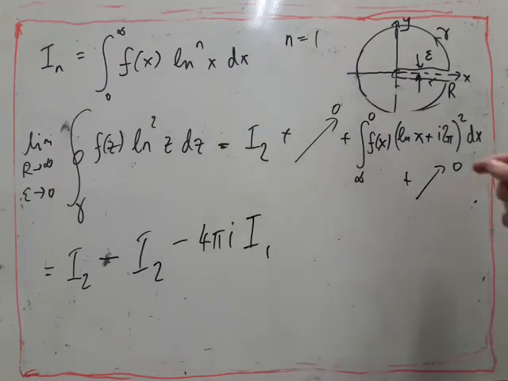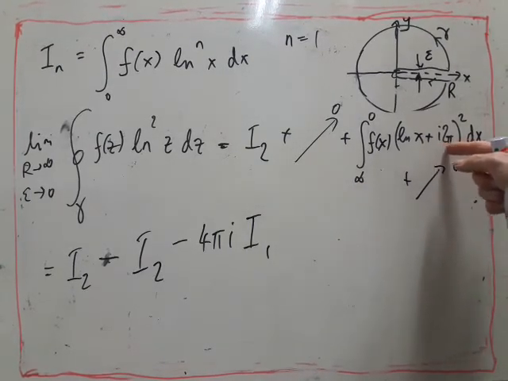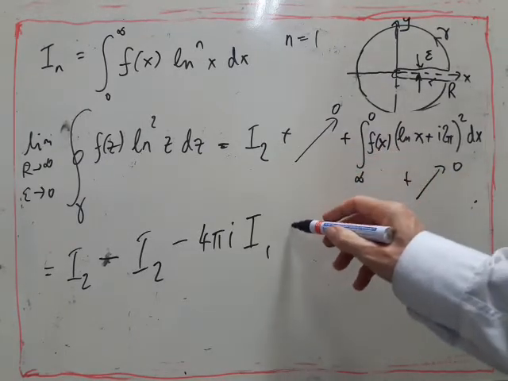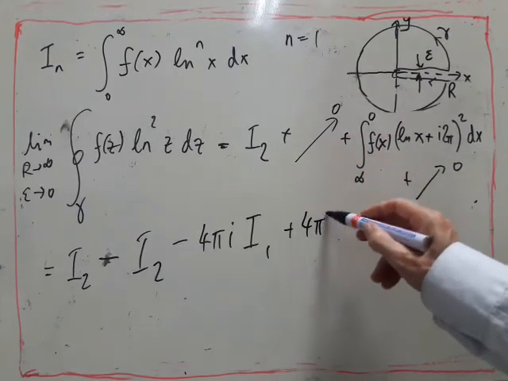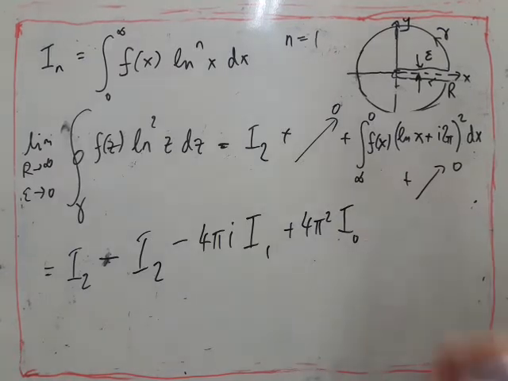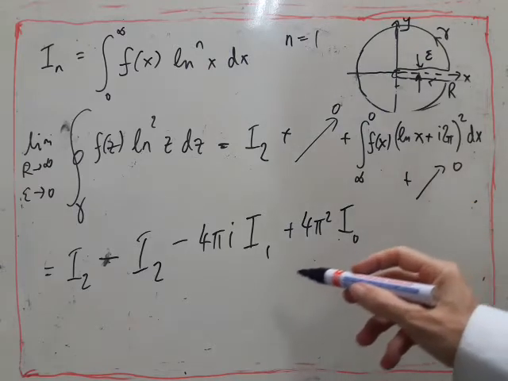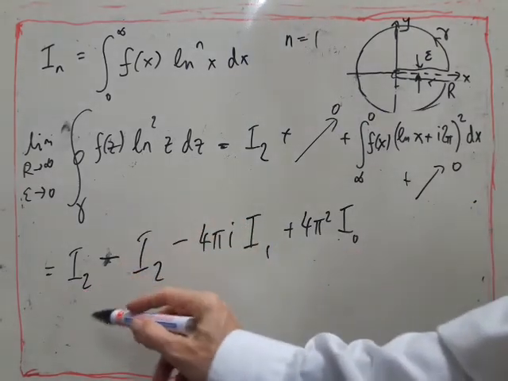And finally, the last term would be this thing squared. So that's 4 pi squared with a minus sign. I've also got a minus sign coming from this. So I get a plus 4 pi squared I0. And okay, so obviously this thing and this thing cancel out.